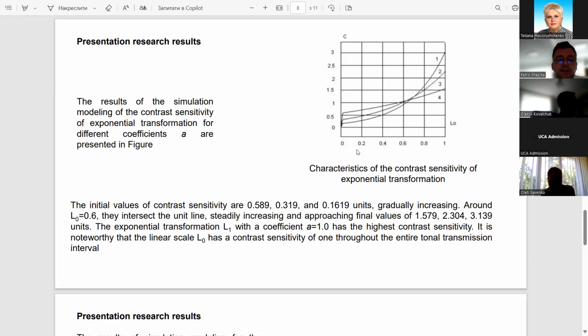They intersect the unit line, steadily increasing and approaching final values of 1.578, 2.304, and 3.139 units.